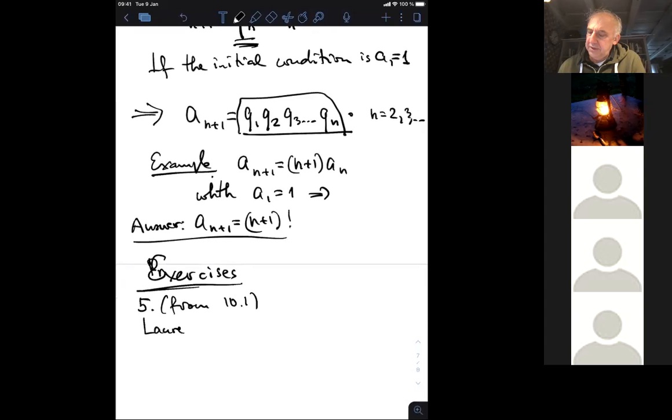Laura invested $100 at 6% interest each quarter. Each quarter means 3 months each.